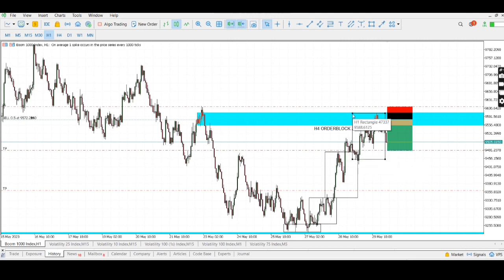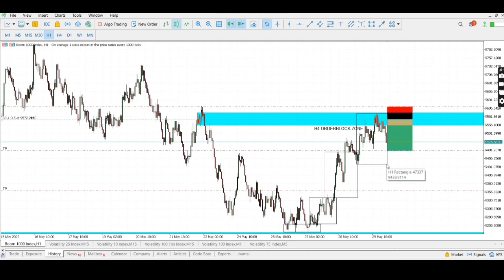So let me put here, right? As you can actually see, we had 3 good levels up to our order block on H1, and this was so crazy in that everything was actually working out in the highest common possible way.